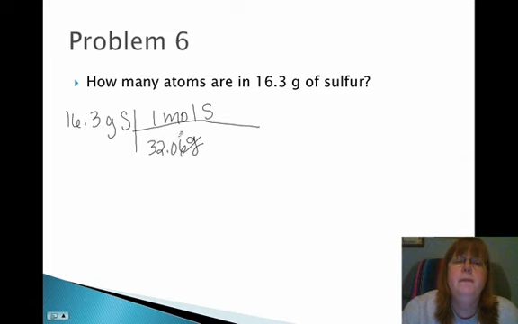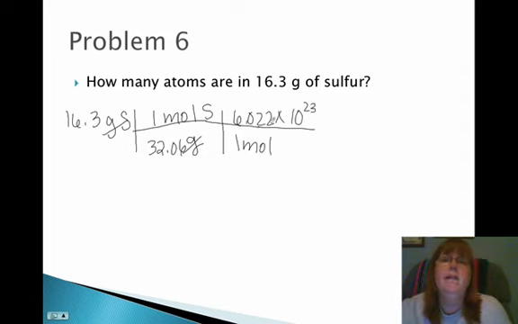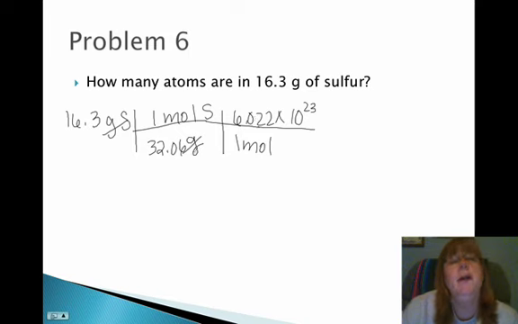Now the grams of sulfur have canceled. We have moles of sulfur, and they were like atoms, and that means we need to use Avogadro's number. So this is a two-step problem, and it's combining Avogadro's number as a conversion factor and molar mass as a conversion factor. If you let your units help you out, it's really not too bad.